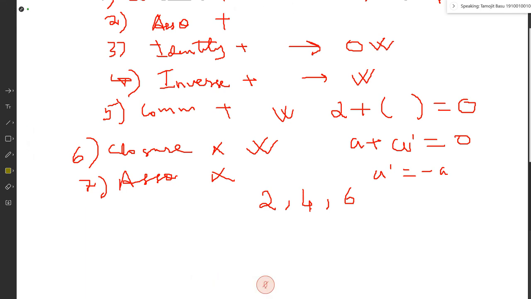Associative holds very well for addition and multiplication. The problem is only with subtraction and division. So the associative property also holds.